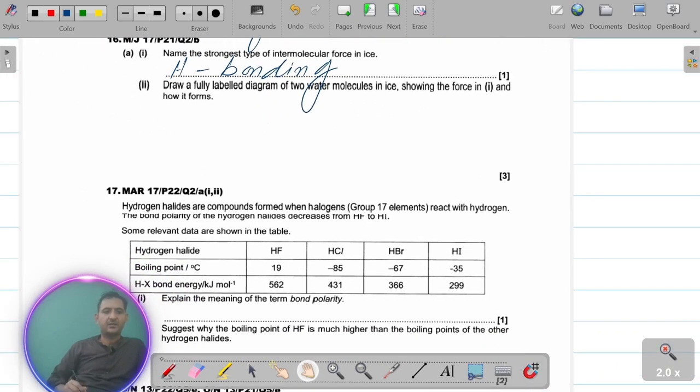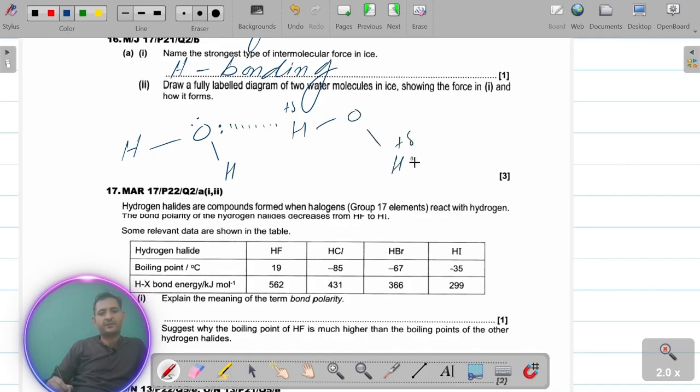If we have this water molecule with oxygen and hydrogen, the lone pair of electrons on oxygen makes a hydrogen bond with the hydrogen atom of another water molecule. The partial positive hydrogen is attracted to this lone pair of oxygen.